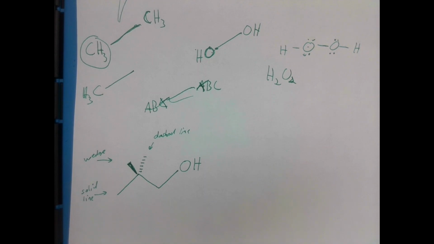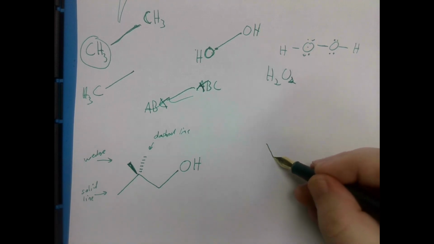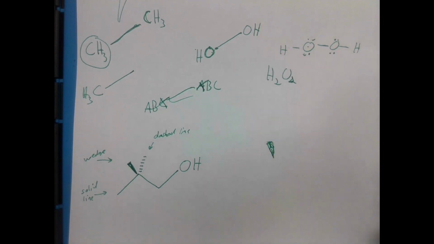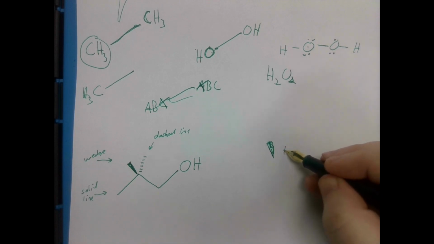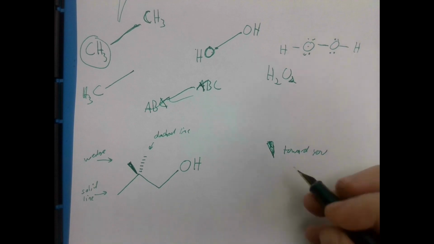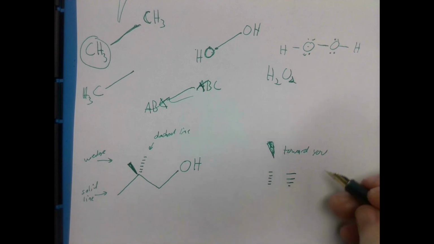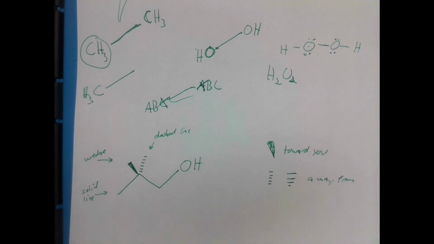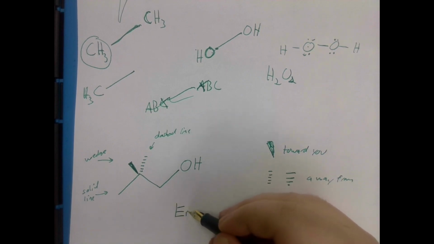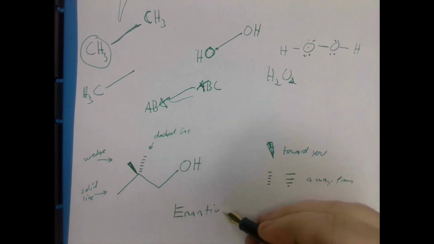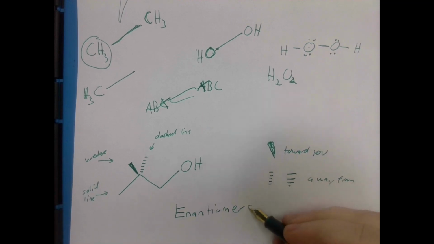What do you think it means? A wedge just means that it's towards you. A dashed line, and sometimes they space it out like that, means it's away from you. Remember, these are 3D molecules. They exist in three-dimensional space. Where is it? Yeah, amphetamine. Some molecules are, and let me get a pronunciation of this word.